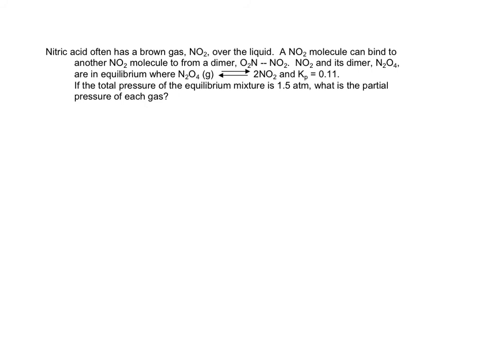And they give us Kp is 0.11. If the total pressure of the equilibrium mixture is 1.5 atm, what is the partial pressure of each gas? All right, so let's think about where to start here. So we have N2O4 decomposing to form 2NO2s.